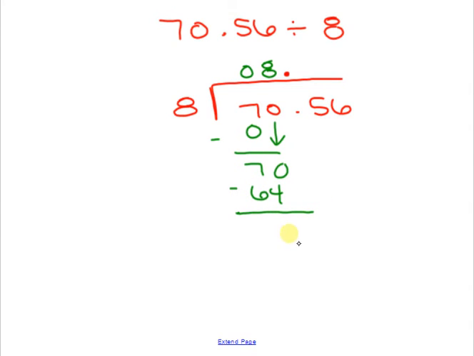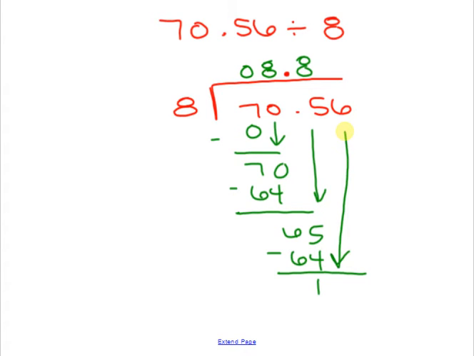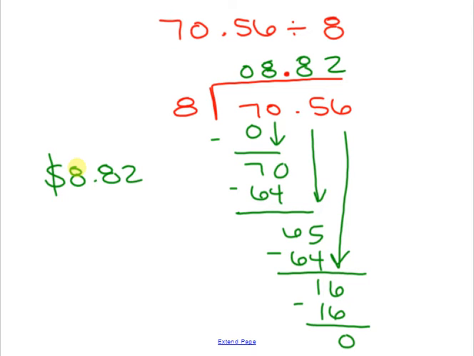Subtract. 70 minus 64 is 6. Bring down the 5. 8 goes into 65 8 times. 8 times 8 is 64. 65 minus 64 is 1. Bring down the 6. 8 goes into 16 2 times. 2 times 8 is 16. Subtract and you get 0. So each t-shirt was $8.82.